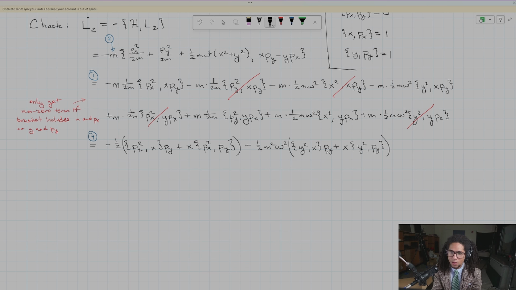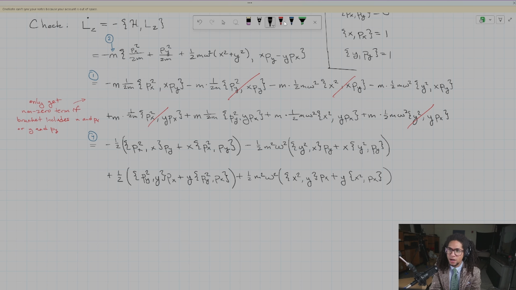Okay. Next, I'll go down to this term. This is going to give me a plus 1/2. Then I'll get py squared bracket y times px plus y times bracket py squared px. Good. And then finally, I'll get plus 1/2 m squared omega squared x squared bracket y times px plus y times x squared bracket px.